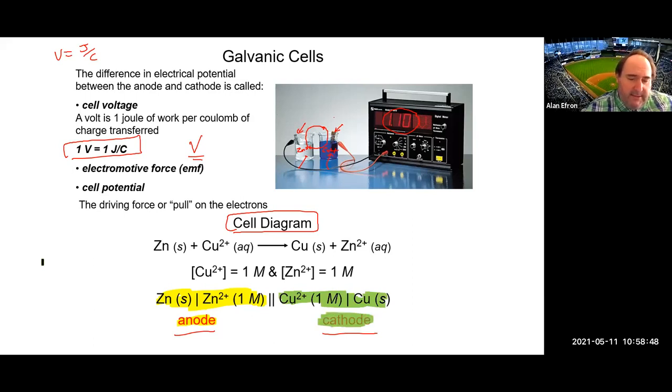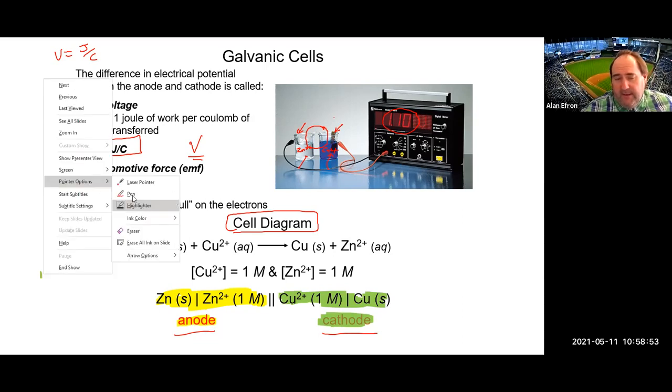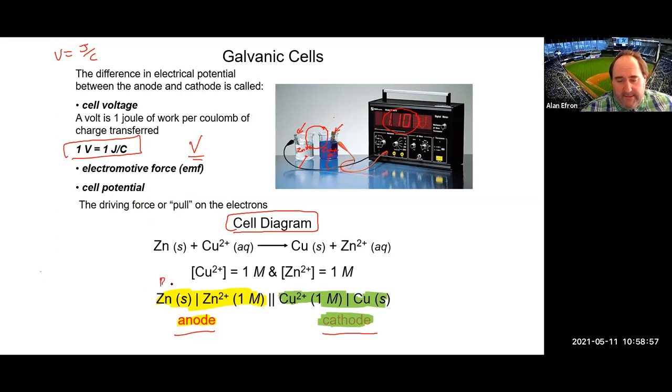How do these relate to the equation, and how are they put in there? They're put in by reactant, product, reactant, product. So if we look here, zinc solid, reactant, zinc with a +2 charge, product. Coming over to the cathode part, copper with a +2 charge, reactant, copper with no charge, product.